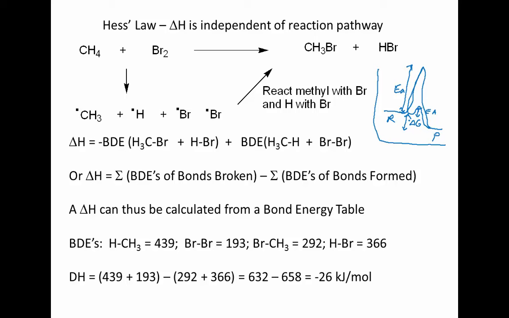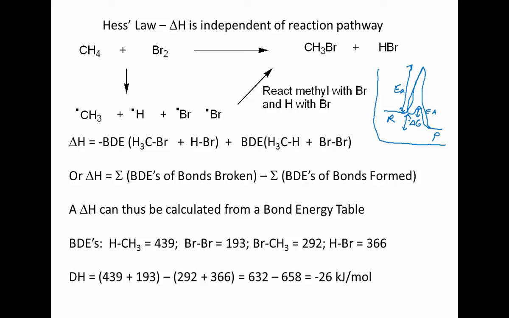So let's imagine that in this reaction, this is not the mechanism, but let's just imagine that we break all the bonds and put them back together. We know that the delta H for breaking the CH bond we can figure out from a bond dissociation energy table. We can break the bromine-bromine bond, and then we can put them back together, and that will be the negative bond dissociation energy for when we put them back together.